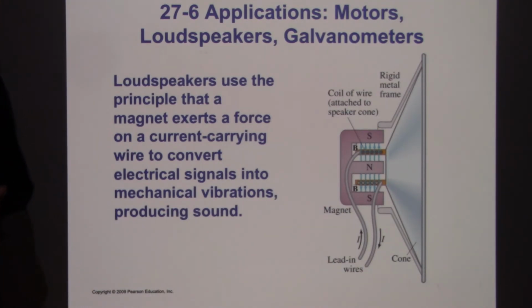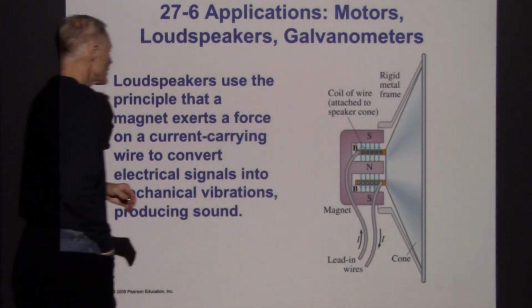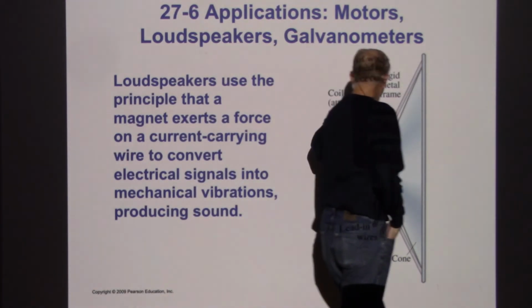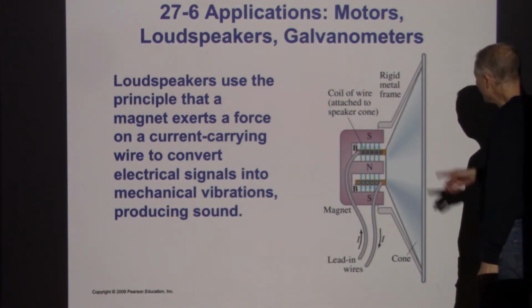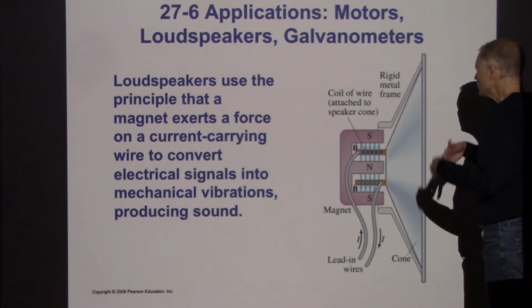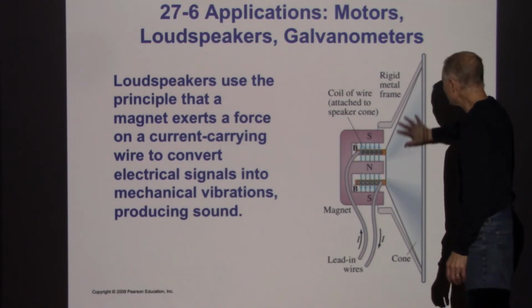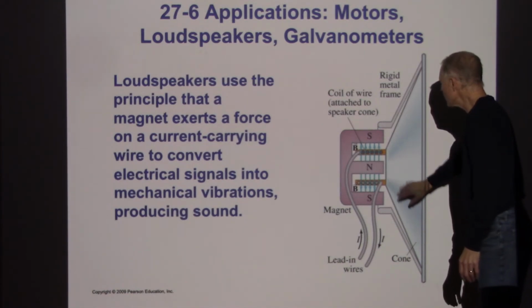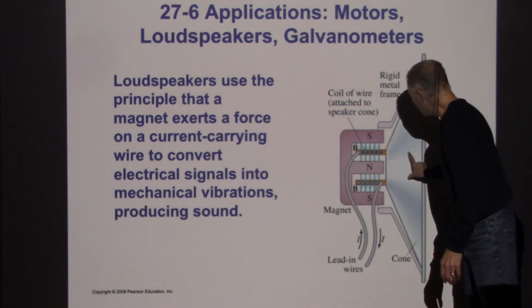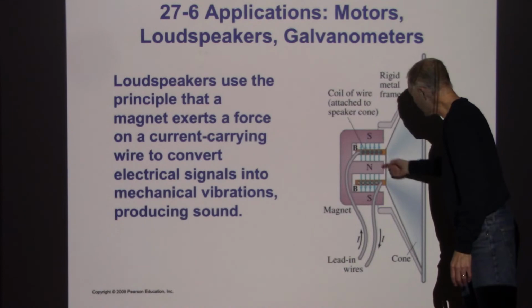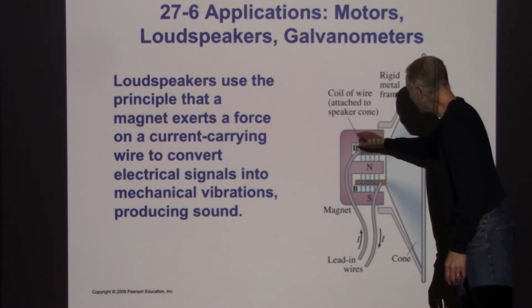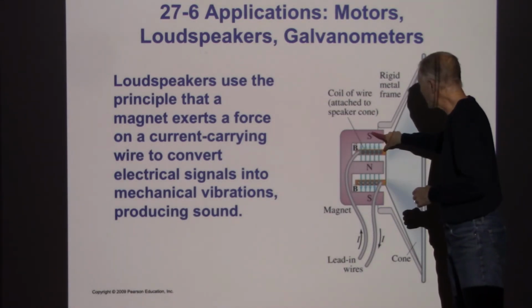Here is a speaker. So here's a speaker on my stereo system, and I'm running electrical wires out. How are those electrical wires generating a sound? So here's the speaker, and here is the diaphragm material of the speaker. And you can see that the diaphragm has some of these contacts that are set down inside a magnet.